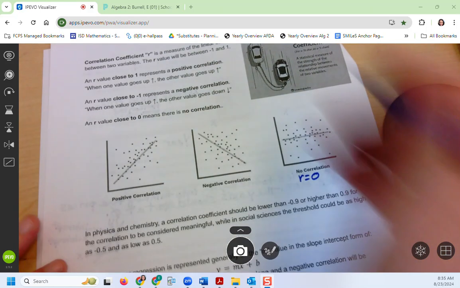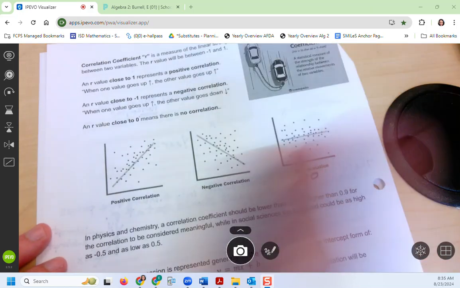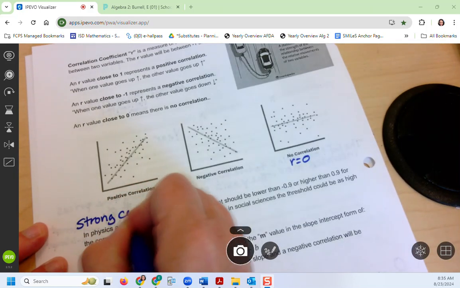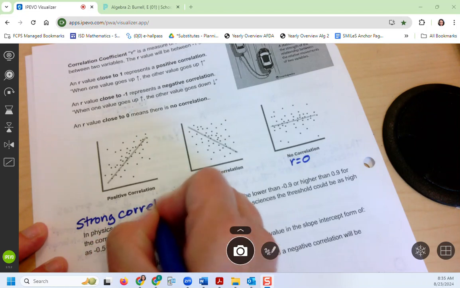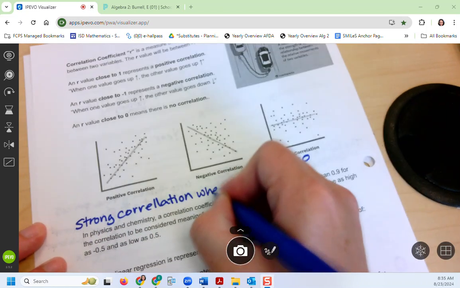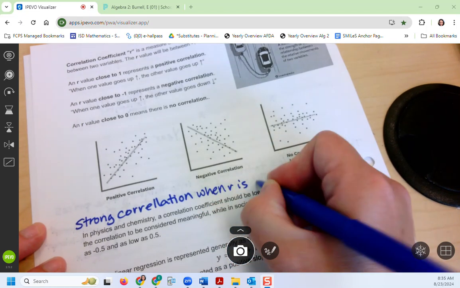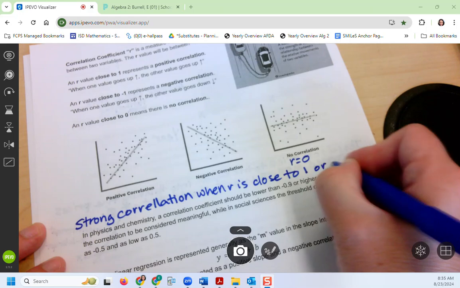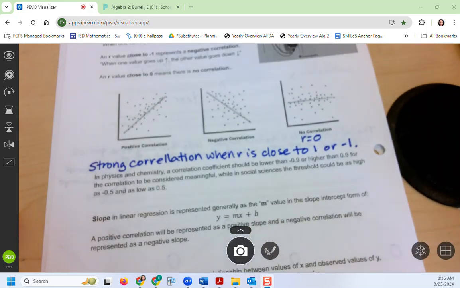So it's a strong correlation when R is close to 1 or -1. But if R is close to 0, then that's no correlation.